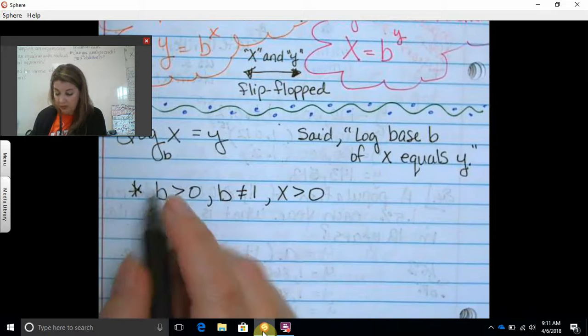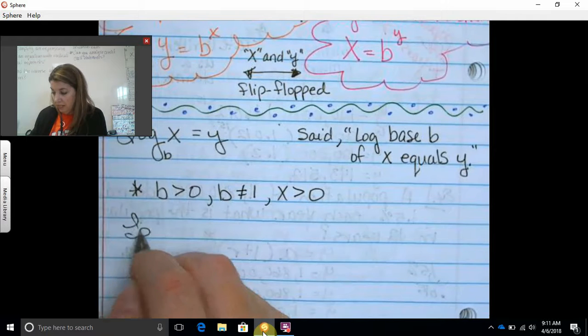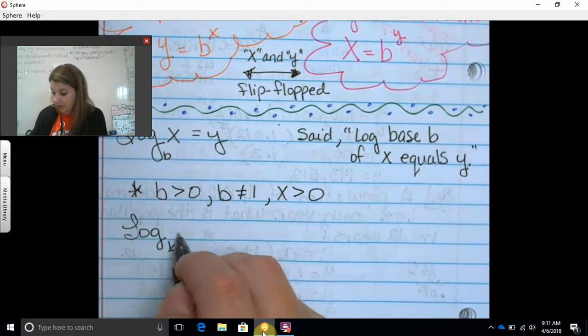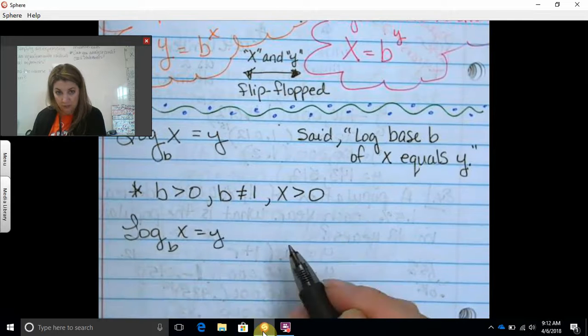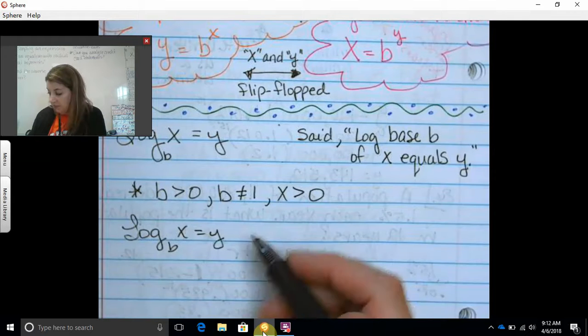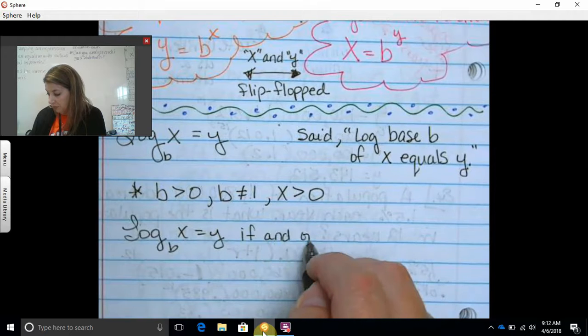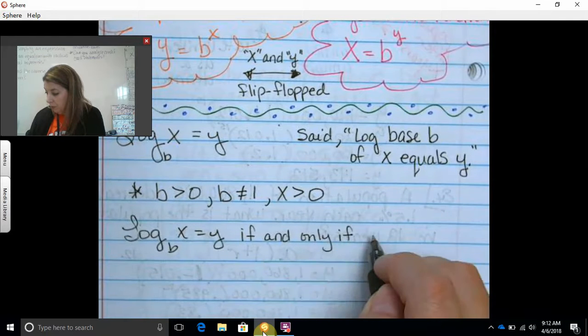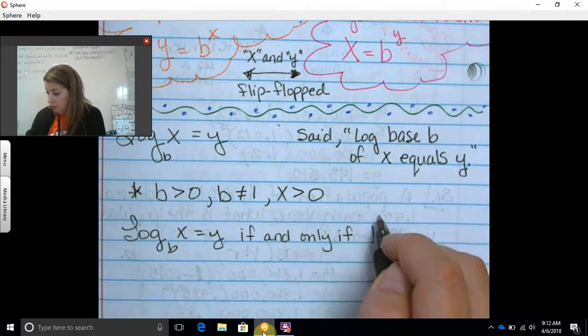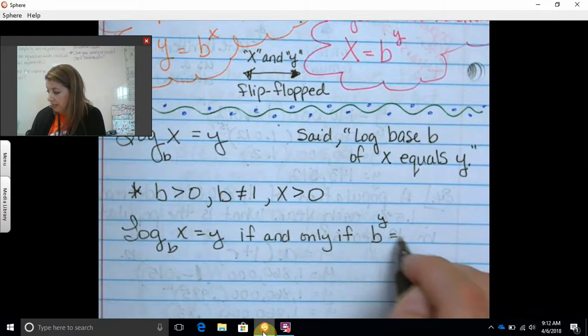So this is true if and only if log base b of x equals y, if and only if b raised to the y equals x.